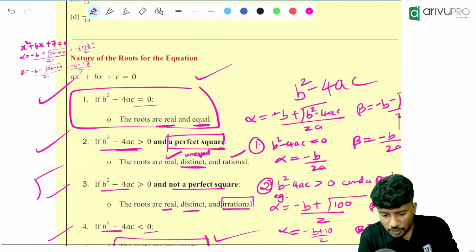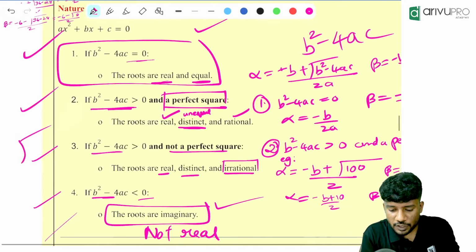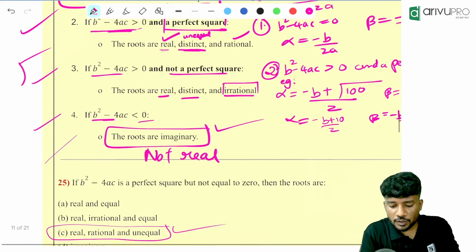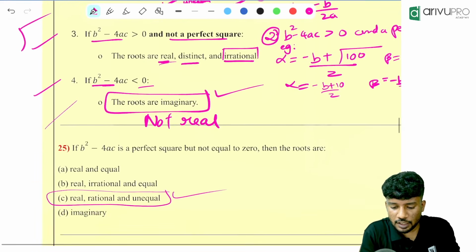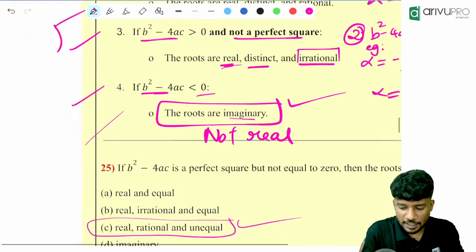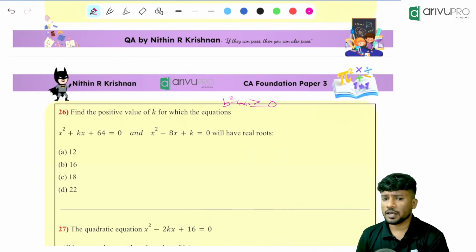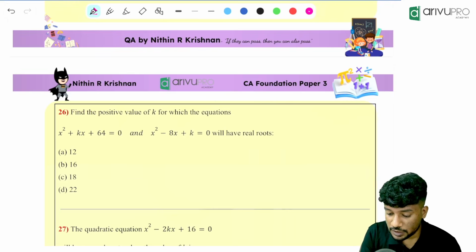Check here. b square minus 4ac equal to 0, real. b square minus 4ac is greater than 0, real. b square minus 4ac is less than 0, imaginary, not real. Now people, whenever b square minus 4ac is greater than 0, we will say that the roots are real. Make a note of it.